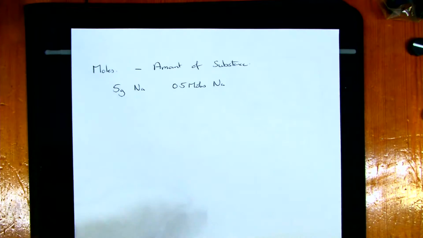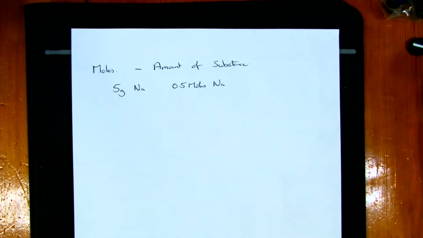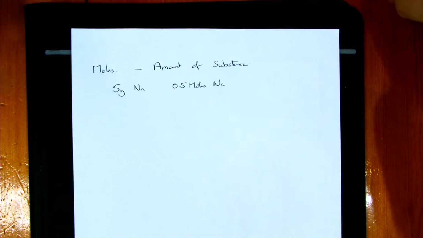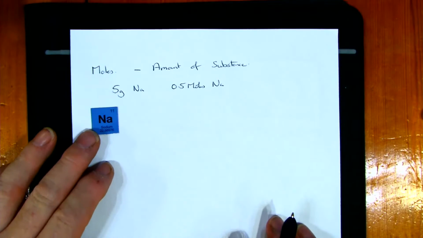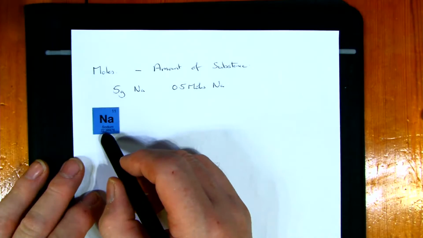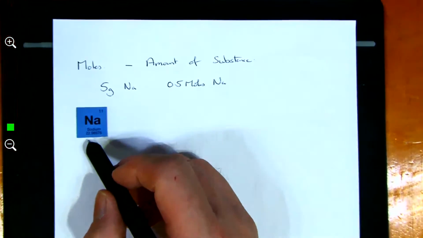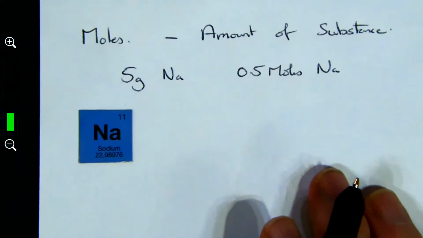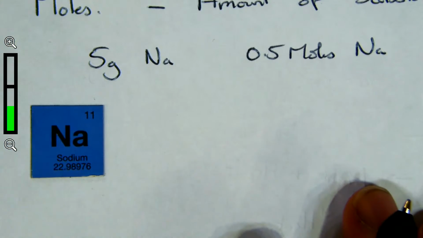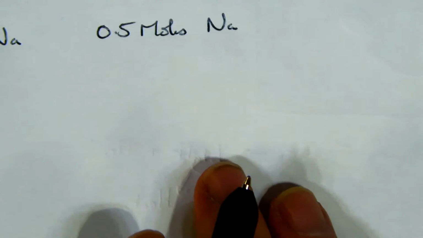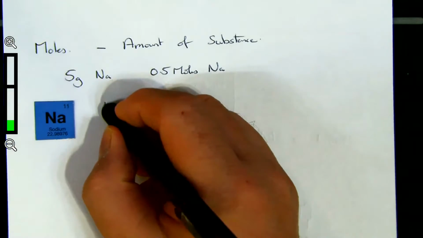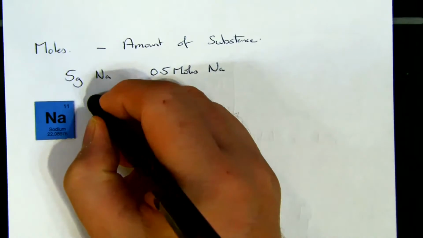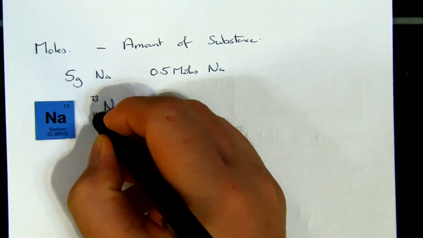So let's take, for example, a particular element, sodium. Now, sodium has got a mass, and if we zoom in, you can see, of 22.98. That's a bit difficult to work with, so I'm just going to call sodium a mass of 23.